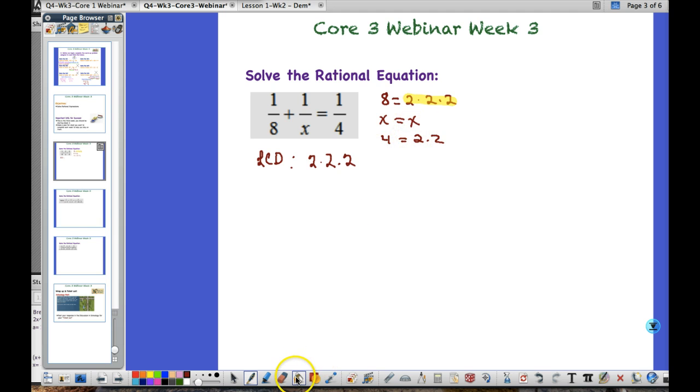Then I look at the next one and I go, oh, x. We don't have an x, so I'm definitely going to need to take my x. So I'm going to add an x to this. Well, multiply, really, right? Then I look at my 4's, and I have 2 times 2, so I have 2 2's. Well, I already have 3 2's, so I don't need to put any more. So this is going to be my LCD. It's going to be 8x.